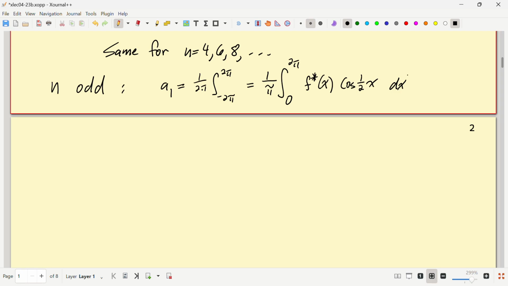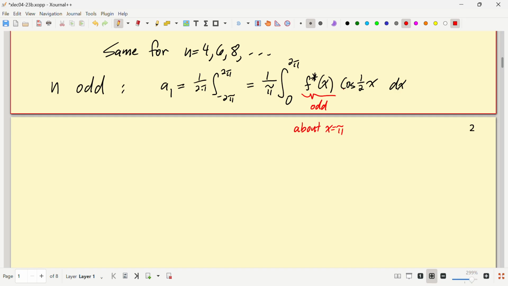And that is, let's see, remember this is odd about x equals pi. But cosine 1/2 x is actually even about x equals pi. No, it's odd. Is it?